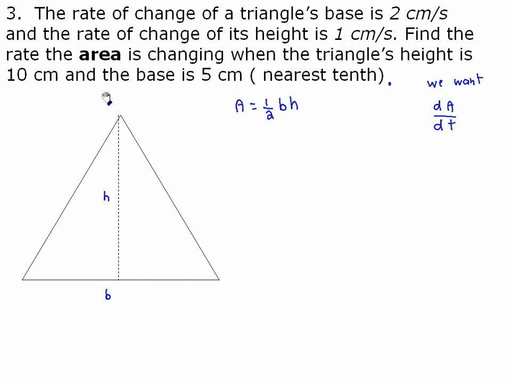And we do, as before, differentiate with respect to time. And when we do that, we're going to get a bit of a shock, because dA/dt is equal to, now when we use this type of differentiation, we have to use the product rule.